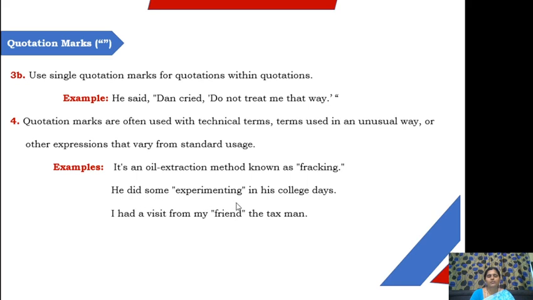He did some "experimenting" in his college days, so this is put in quotation marks. I had a visit from my friend, the "taxman." So when you are trying to emphasize or specify something, or if you are using a technical term in between what you are telling, you can put that particular term in quotations.